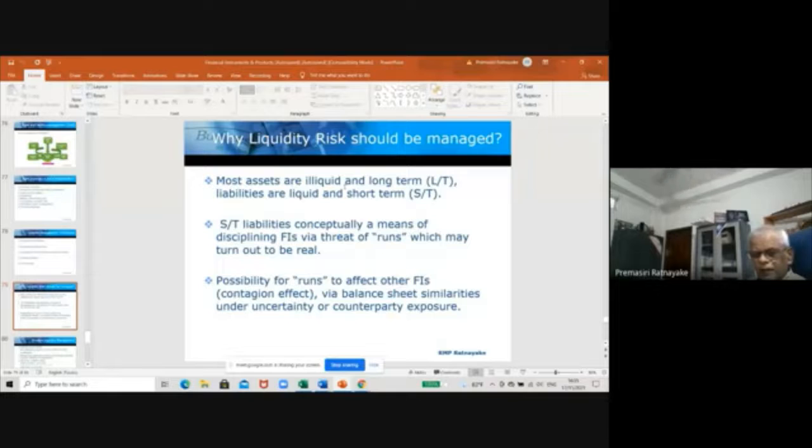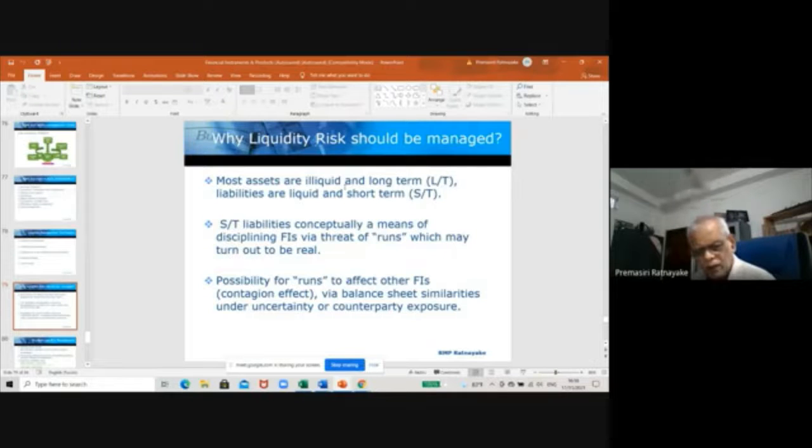Short-term liabilities, conceptually a means of disciplining financial institutions, where the threat of runs may turn out to be real. The thinking behind this point is that when liabilities are short-term, with each maturity the liabilities could be taken away, the deposit could be withdrawn.